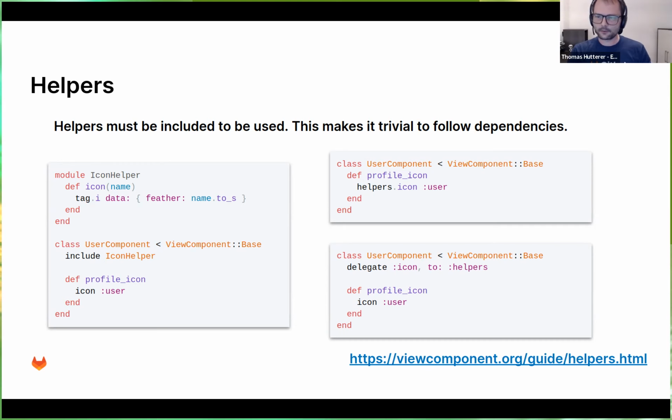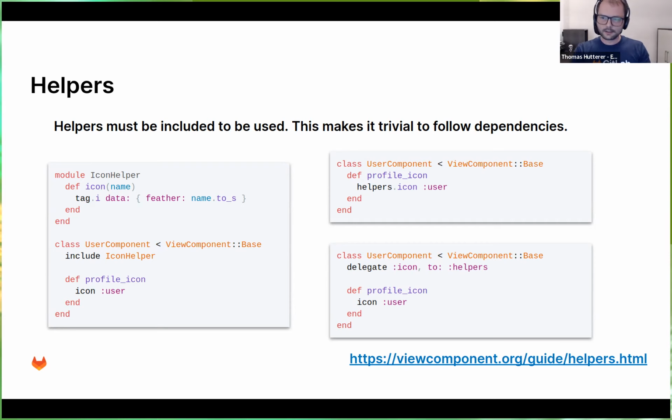But the nice thing about ViewComponent really is that you can start using it gradually, and it already makes things better when you start using it, because if you have to access a helper in your component code, you have to include it explicitly, which later on would definitely help if you want to, let's say, make the icon helper into an icon component.